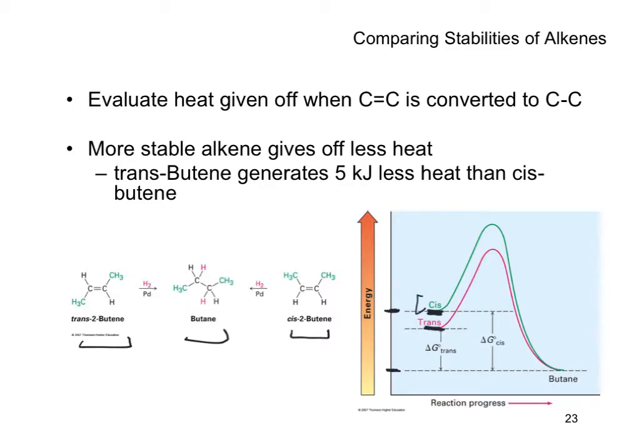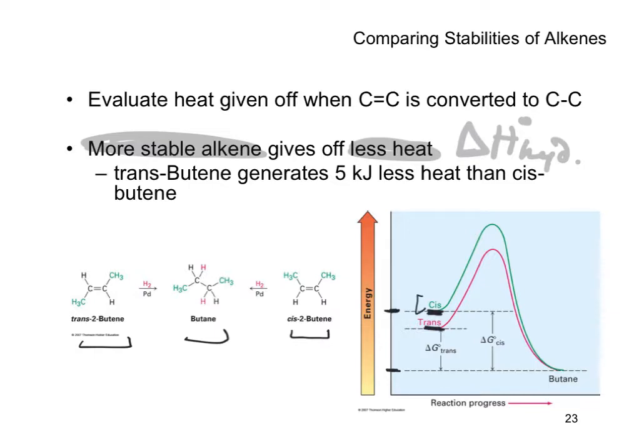In other words, more stable alkenes give off lesser heat of hydrogenation. More stable alkenes give less heat of hydrogenation. So very specific result there.